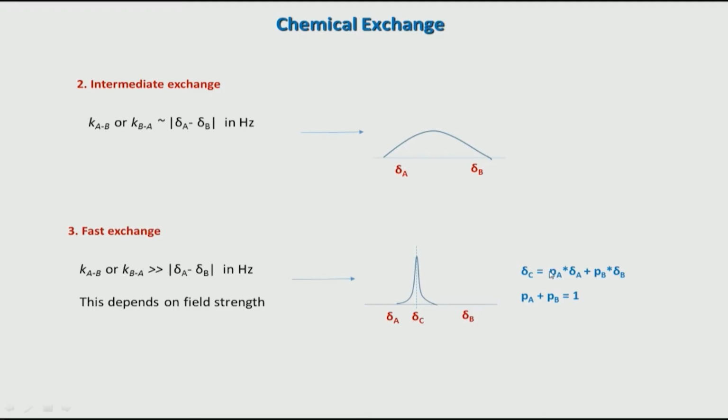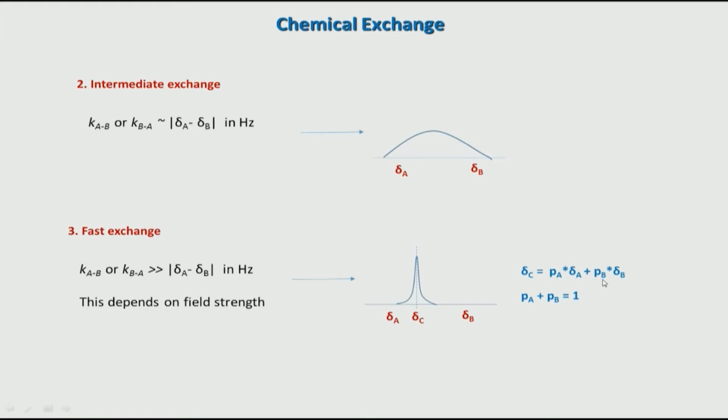So, the population fraction of A and the population fraction of B determines where the average will come, because with this formula it is weighted, based on the population, and it decides where delta C is.